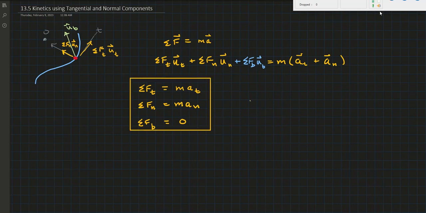Notice here that in this type of analysis, this a sub n here always points to the center. So it's always going to have that direction. And again, there is no acceleration here in the B direction.